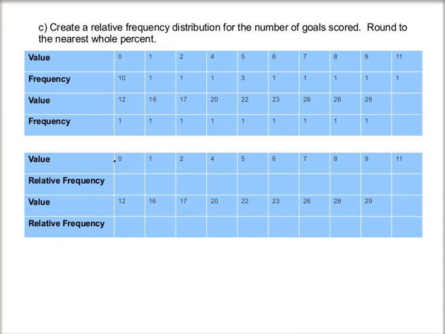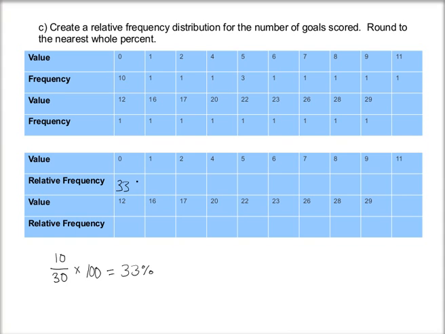Let's start out by looking at the relative frequency of 0. I have 10 players who scored 0 goals, so to get the percentage, that's going to be 10 individuals out of, there were 30 players in that chart, so 10 divided by 30 times 100, and rounding to the nearest percentage, that is 33%.